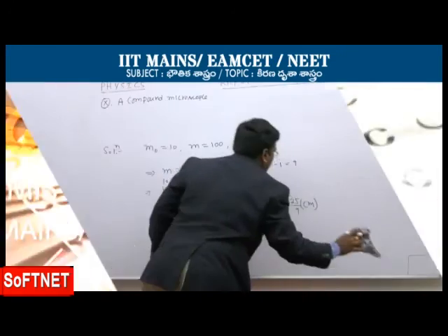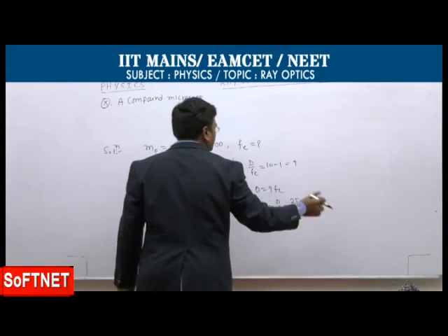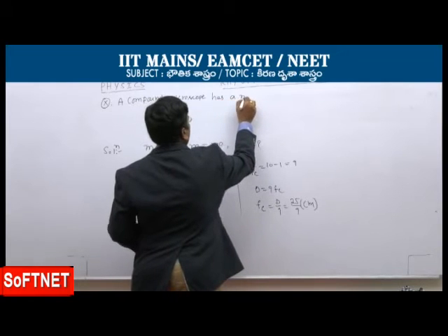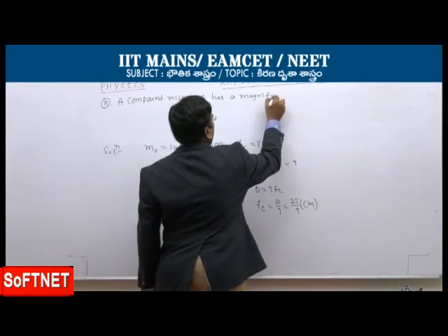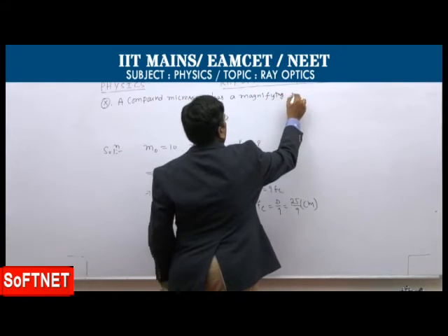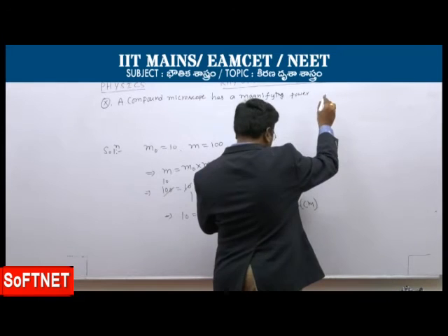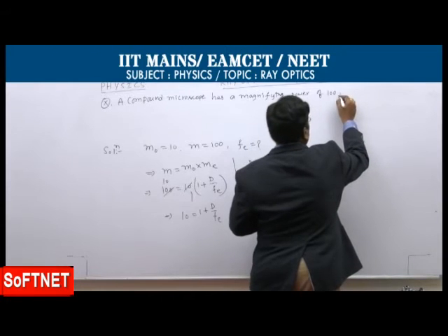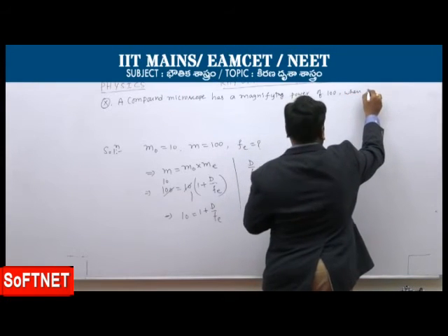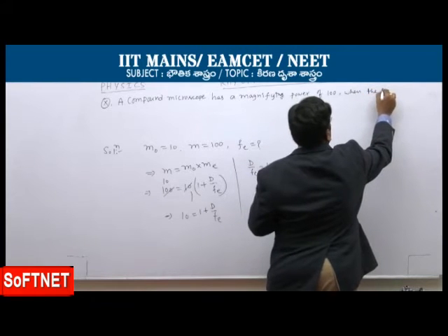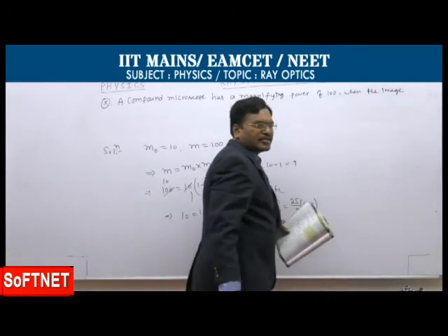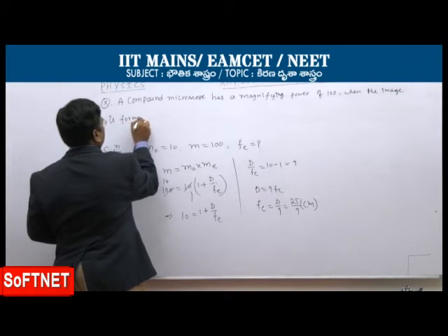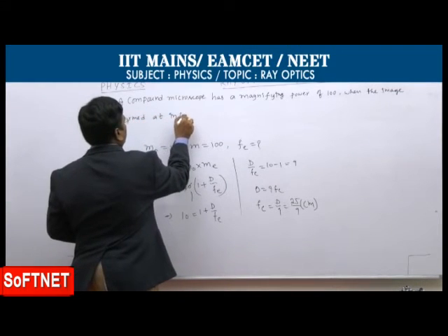Note down. A compound microscope has a magnifying power of 100, when the image is formed at infinity.